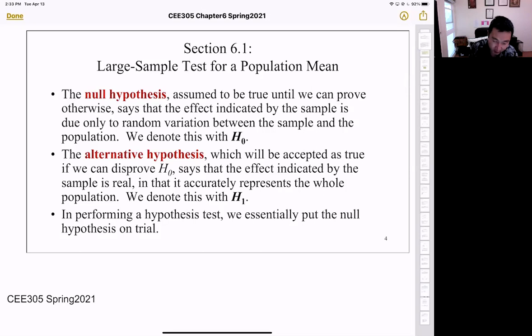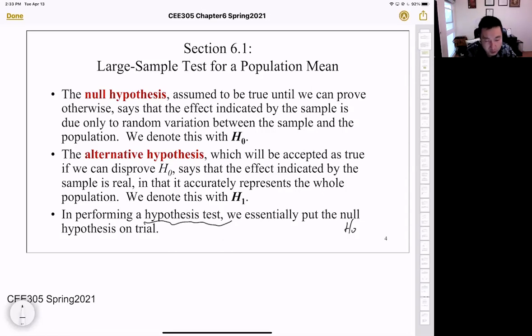We call the alternative hypothesis H1. In other words, H1 says the sample does reflect the population information. So to perform a hypothesis test, basically what we do is put the null hypothesis, H0, on trial.